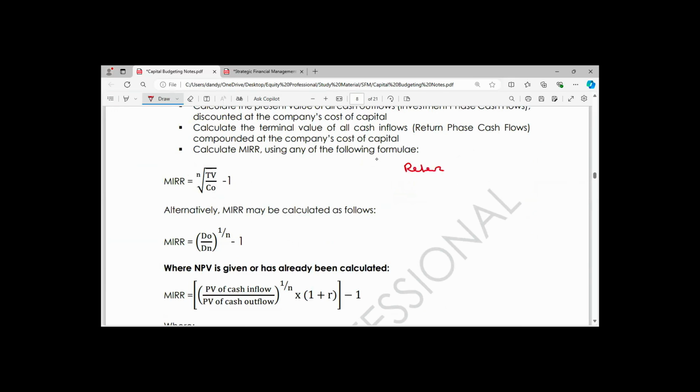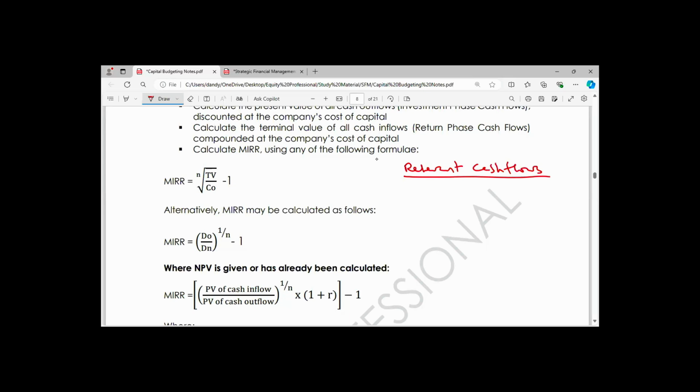Relevant cash flows. Because on the day of your exam, the examiner will scatter the question for you. When you have a question under capital budgeting, if it's a compulsory question, the minimum pages that will be given to you may be 2.